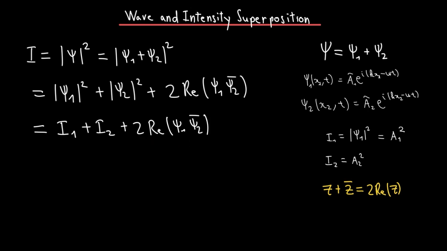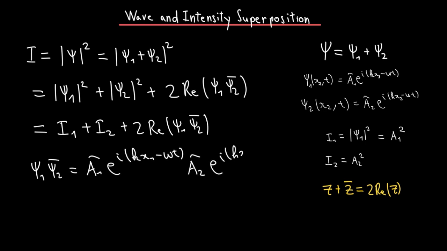In order to determine this expression, let's evaluate the product of psi1 and psi2 bar. So this is equal to a1 tilde e to the i (kx1 minus omega t) times a2 tilde e to the i (kx2 minus omega t), except that we're taking the conjugate of psi2, so we have a minus sign in the exponential, because effectively taking the conjugate is taking the negative of the argument of our complex number.